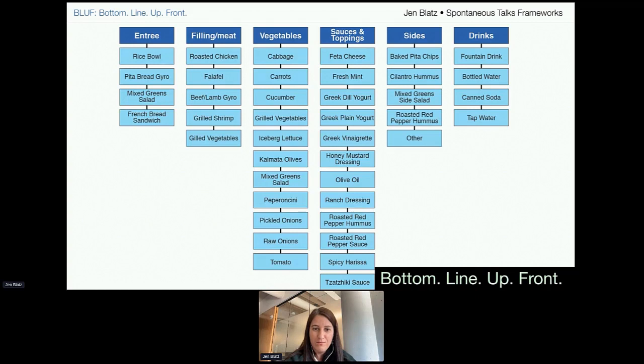Grilled vegetables are found under vegetables. Hummus can be categorized as a side, but hummus can also be found, based on this card sort, in sauces and toppings. So these findings are based on card sorts that I conducted with actual users of this menu, and they shared with me where they expected to find these menu items.